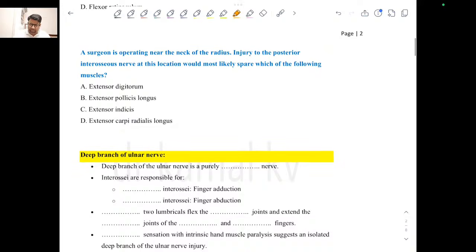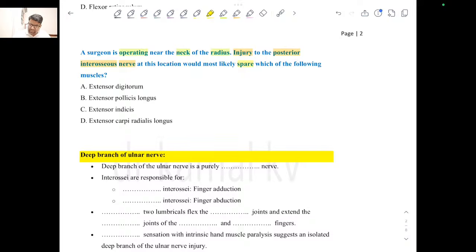Next question. A surgeon is operating near the neck of the radius and there is injury to the posterior interosseous nerve. Now, which muscle is spared? Means which muscle is not going to be paralyzed.